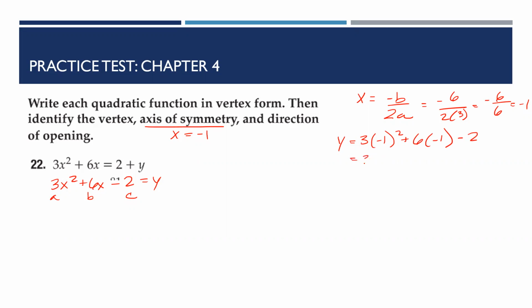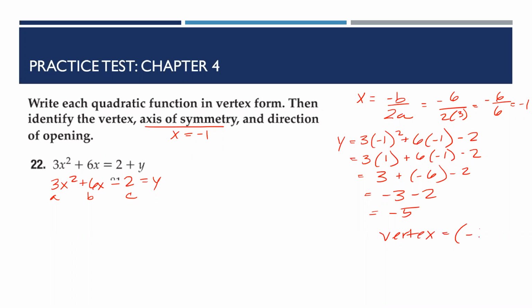So this ends up being 3 times 1 plus 6 times negative 1 minus 2. So this is 3 plus negative 6 minus 2. 3 plus negative 6 is going to be negative 3 minus 2. You add the opposite, and that's negative 5. So that means the vertex is at negative 1, negative 5.